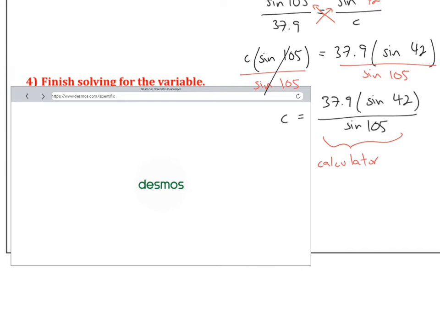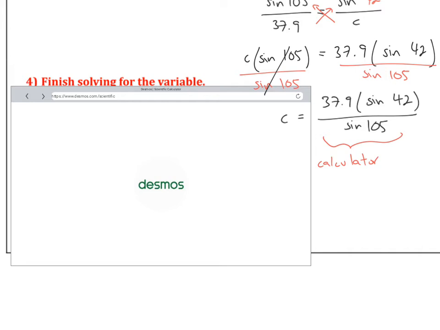Now one other thing I'm going to do is group 37 and 9/10 and sine of 42. The reason why I'm doing this is because all of this is getting divided by sine of 105. Closing up that last parentheses, hitting equals, we go ahead and get our final answer.